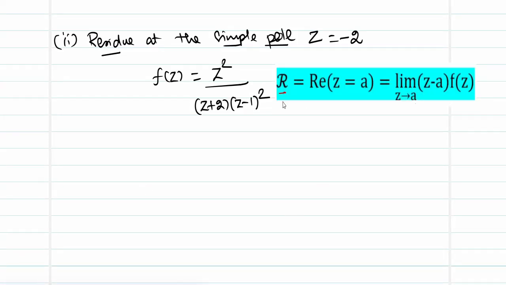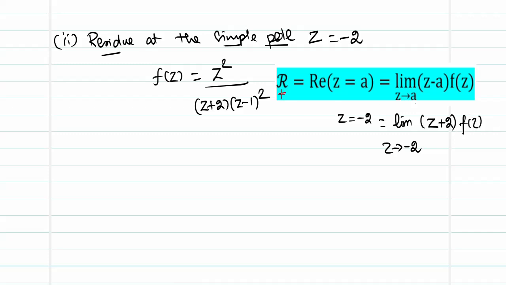Now it's time to recollect the formula for the simple pole. We see the formula for the residue at the point z is equal to a. What is my point z equal to a? Here it is z equal to minus 2, so the residue is the limit z tending to minus 2 of z minus a, so z minus of minus 2 becomes z plus 2, into my f of z.